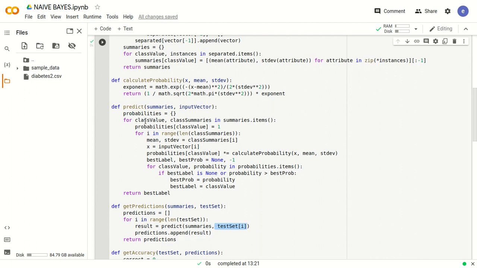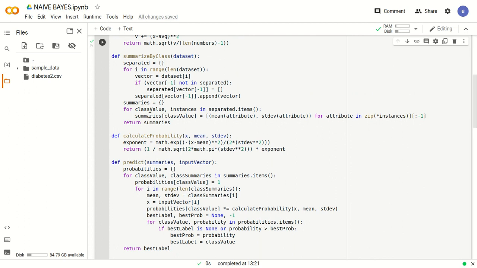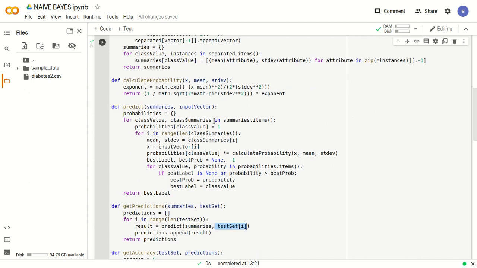Then we are creating an empty dictionary called probabilities, and class value, as I said, is nothing but 0 or 1. Class summaries will be contained in the summaries dictionary. As I said, the summaries dictionary will just have mean and standard deviation for every attribute, that is for all the 8 attributes in the data set. So we are just traversing the dictionary.